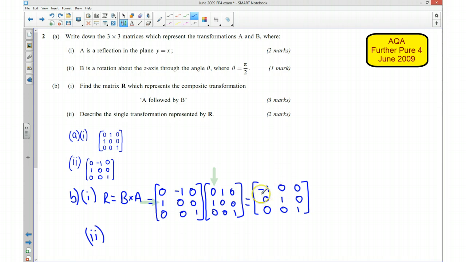So any X coordinate that I've got, if I multiply by this transformation matrix, the X component is going to become negative. So what that tells me is that this is a reflection in the YZ plane, or I'm going to call it a reflection in the plane X equals 0. Okay, there you go.